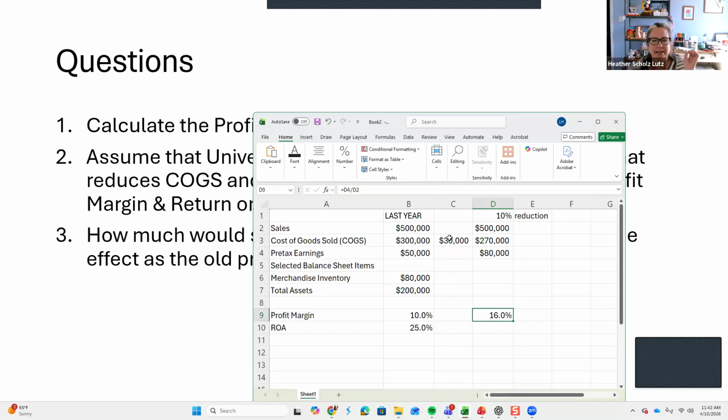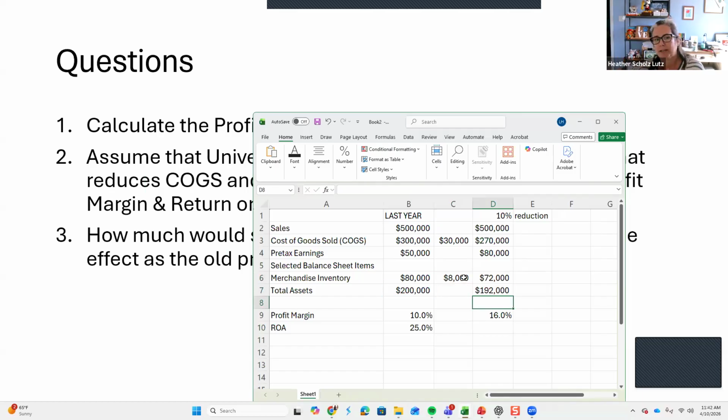If we look at that 10% reduction in cost of goods sold, it also meant that there was going to be a 10% decrease in our value for inventory. So again, if we just do that simple math, our inventory is going to go down by $8,000. So our overall assets are also going to decrease by that $8,000.